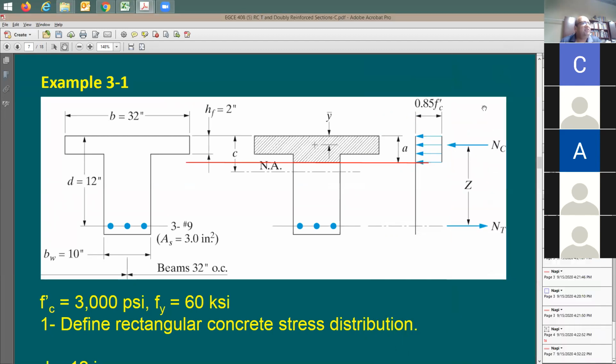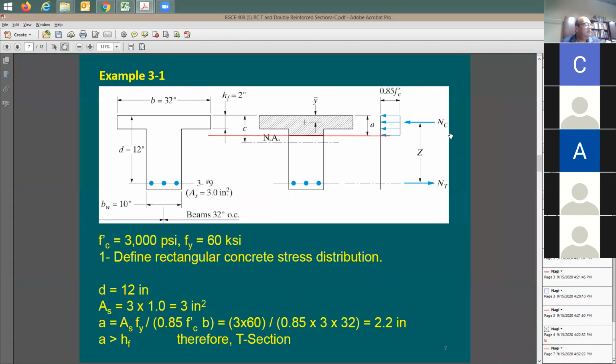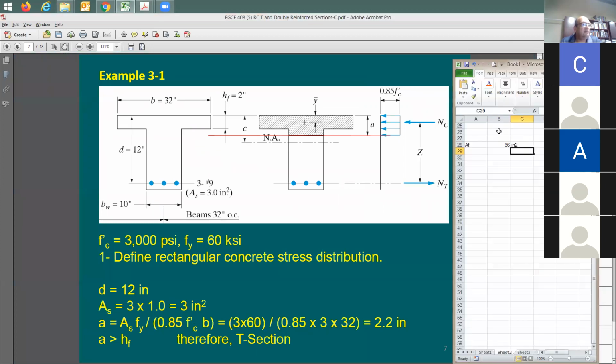How much was the tension in the steel originally when I did this analysis? AS is equal to 3 and F sub y equals 60. 180 kips. When I say T is equal to C, I find that A is equal to 2.2. And the cross-section area exposed to compression is going to be 66 square inches.